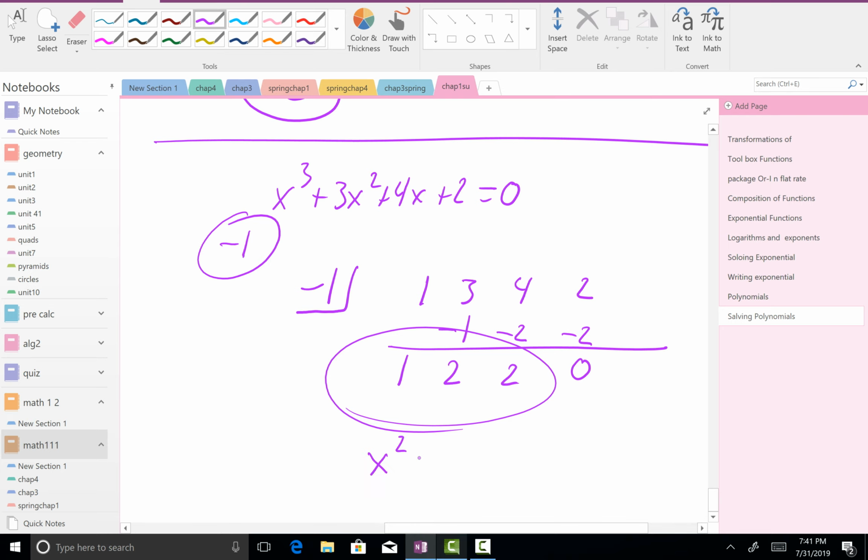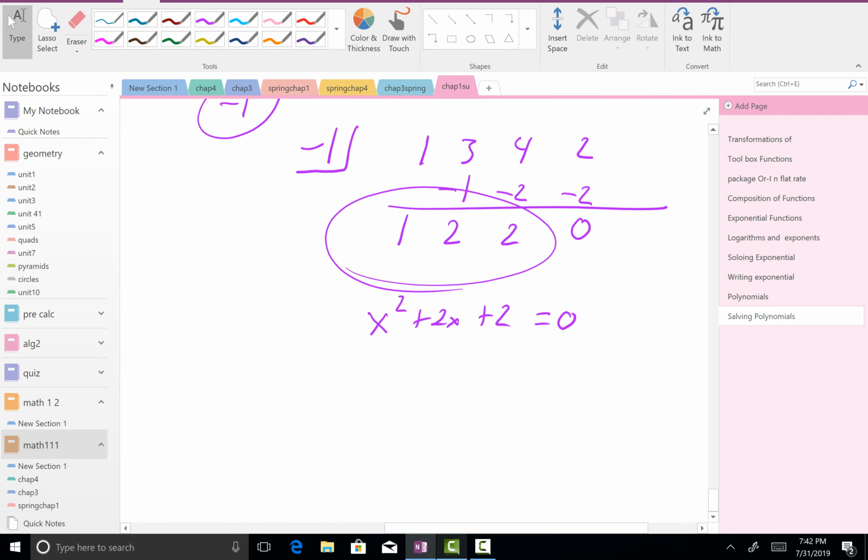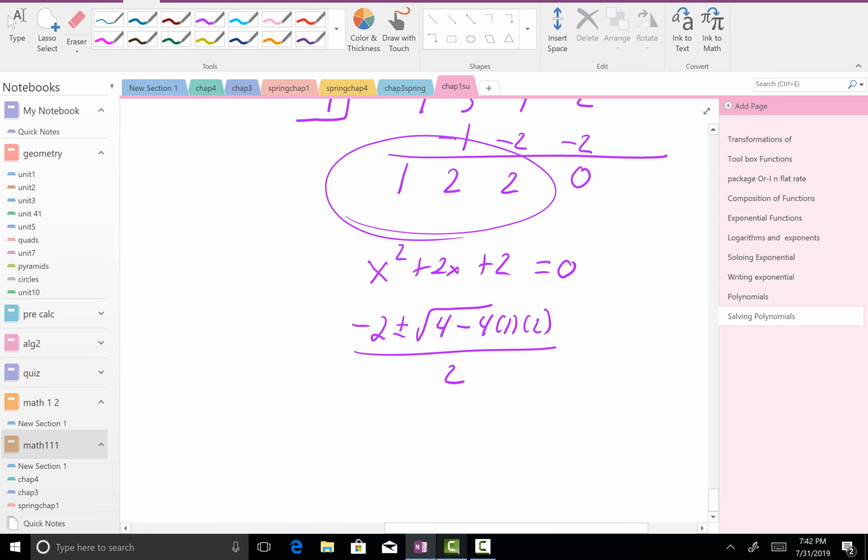X squared plus 2x plus 2 equals 0. And how do we solve it? Quadratic formula. Okay? Quadratic formula. -2 plus or minus the square root of b squared minus 4 times 1 times 2, divided by 2.